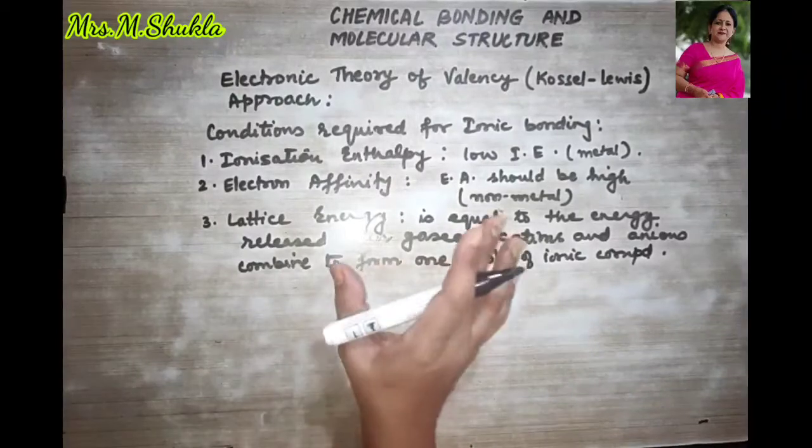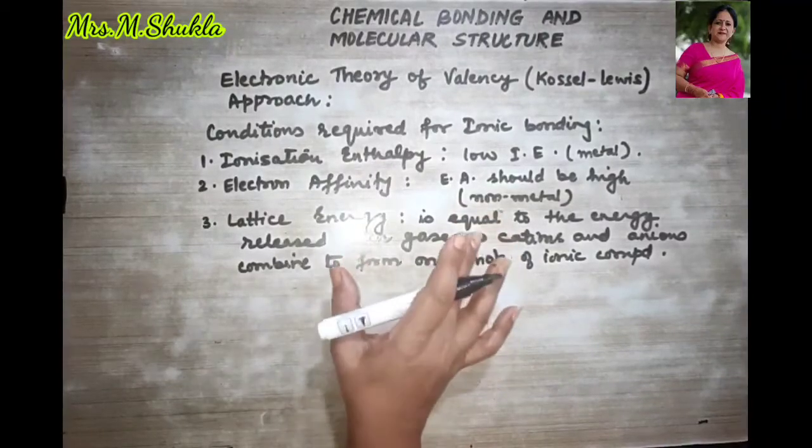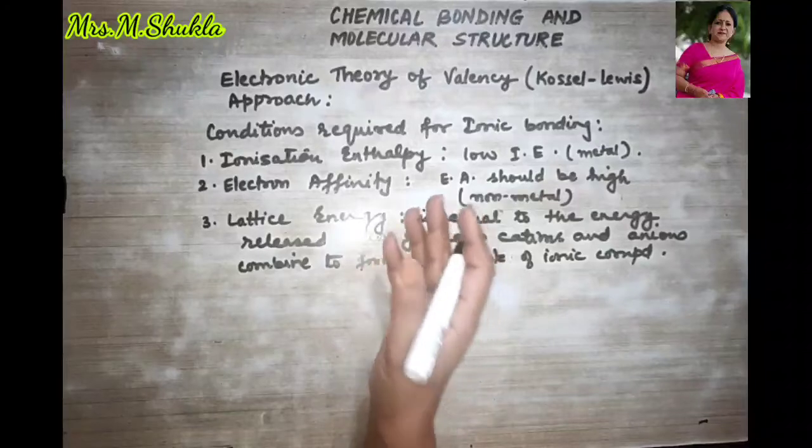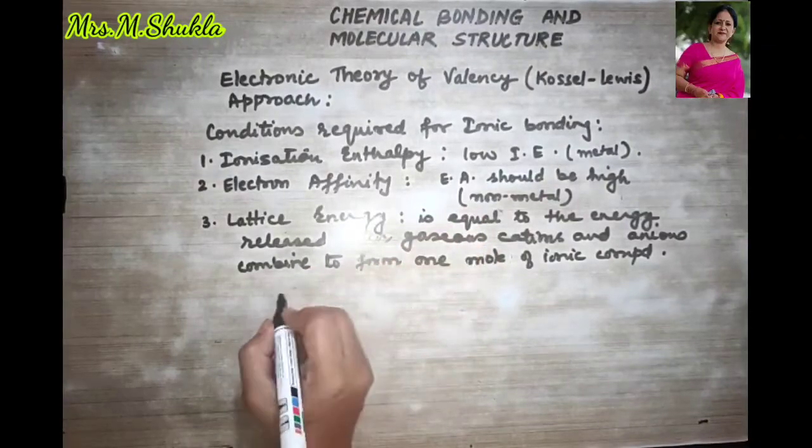Clear? So high lattice energy or high lattice enthalpy always favors the formation of ionic bond.